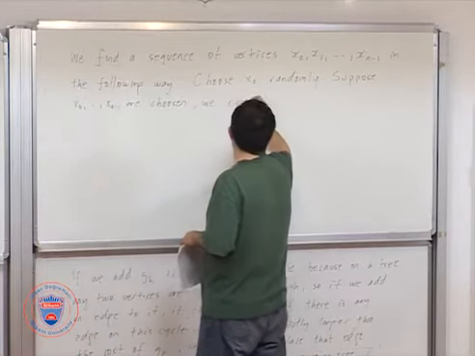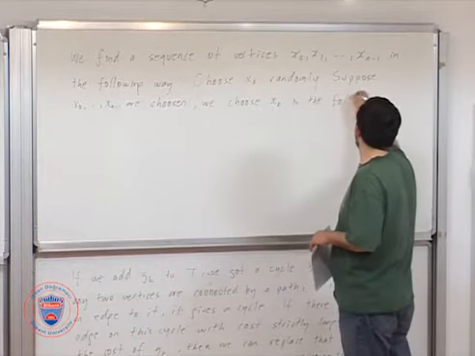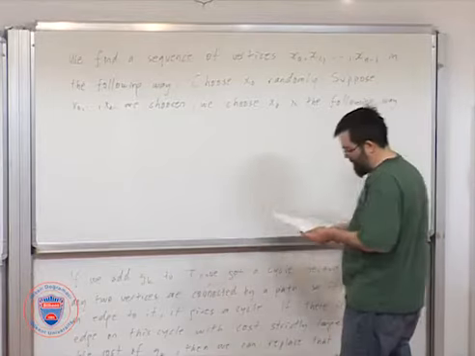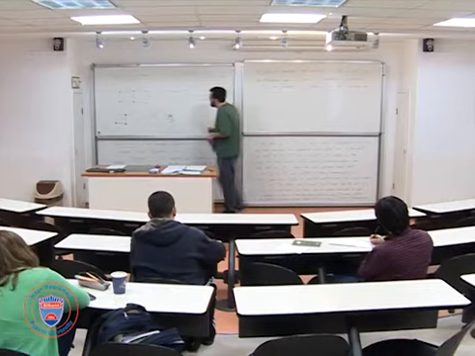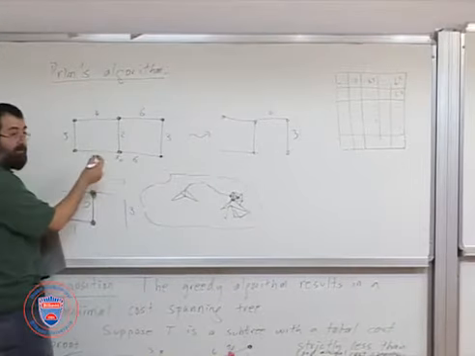We choose xk in the following way. It could be x0, so let me explain it with x0.